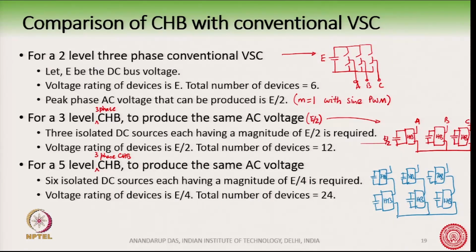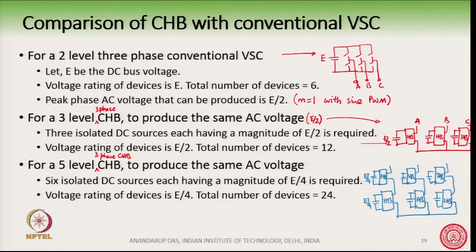But to produce the same AC voltage, now this will be E by 4, all voltages must be E by 4. But again the major challenge is that we require 6 isolated DC sources.